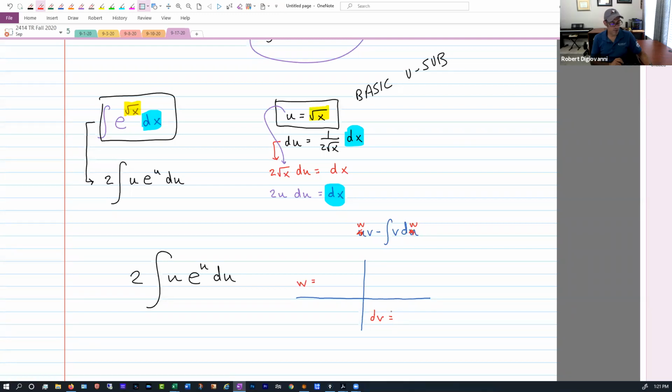Okay, so now let's do the integration by parts. We are going to replace w with what? Which of these two pieces is going to be our w? e to the u.